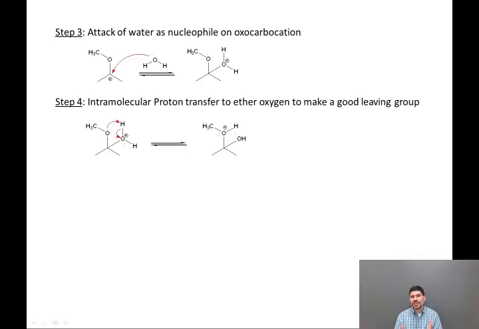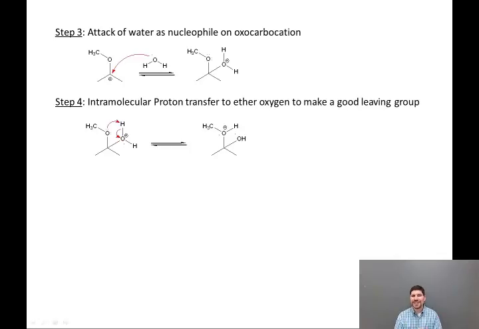You can do this proton transfer intermolecularly, meaning you can transfer it to a molecule of H2O, and then from that molecule of H3O+ that you have generated to the ether oxygen. I prefer to do this proton transfer intramolecularly. In one step, I send that proton directly over to the ether oxygen.